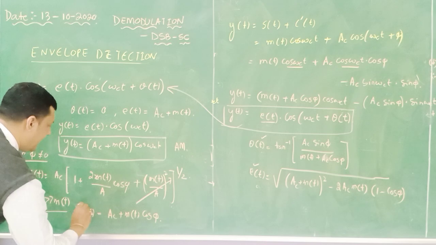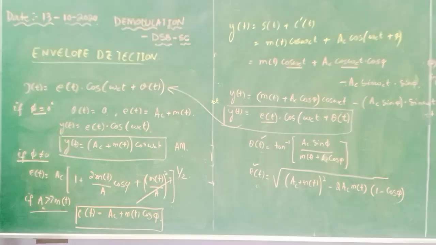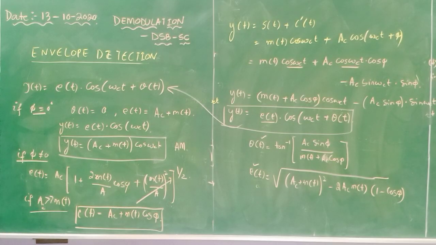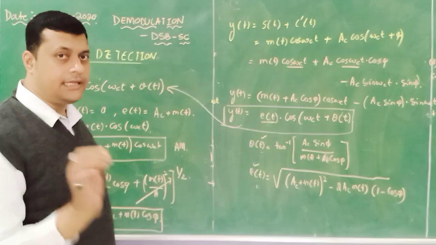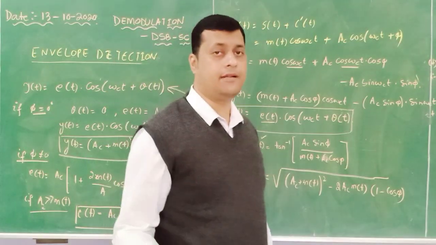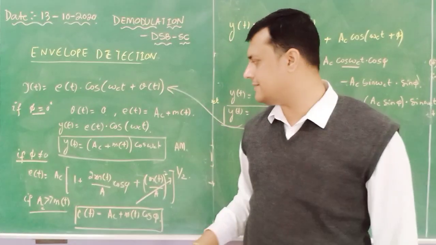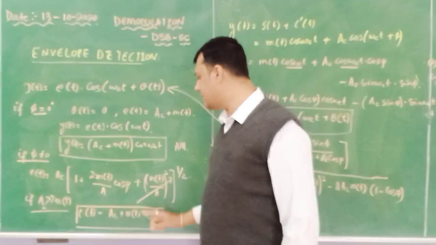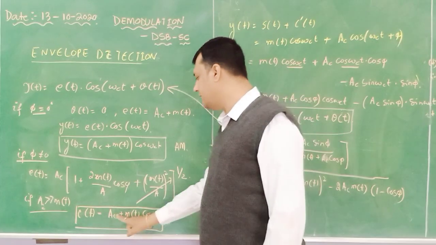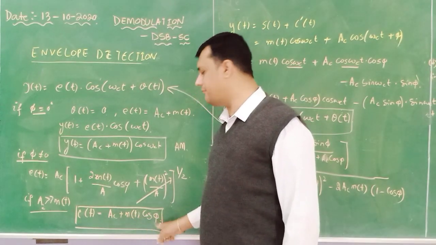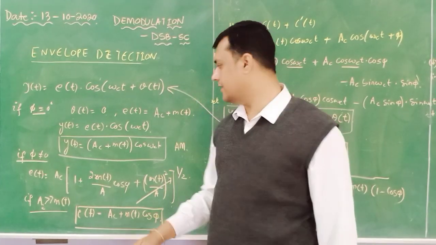So this is the envelope available if phi is not equal to 0 and the amplitude of the carrier is very much greater than the modulating signal. Here you can see AC plus m of t cos phi will be the resultant.